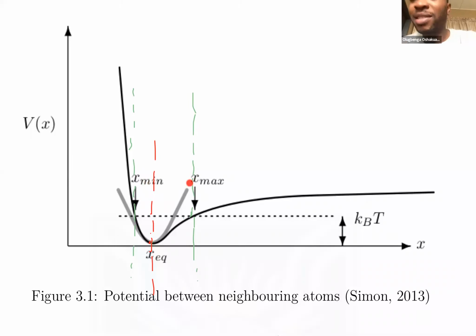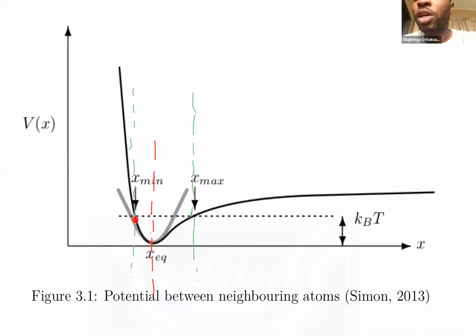So that means that it spends more time being very large compared to the time it spends being very small. So on the average, the distance of separation will be around this area. It will be greater than the equilibrium position. When temperature increases, it will be spending more time oscillating towards the right than the time it's spending to the left.